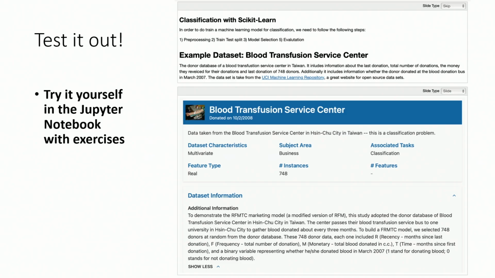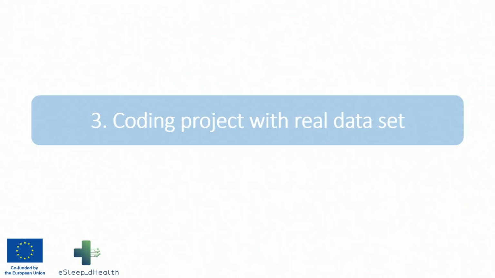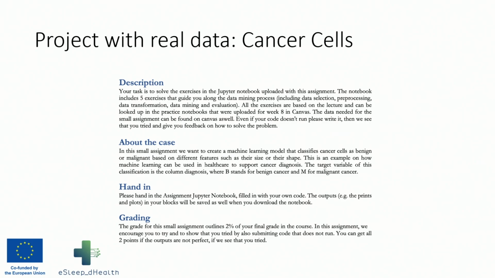And now, to wrap up the session, we will look at a coding project with real data. So when you are done with all of the exercises going through the Jupyter notebooks, there will be a project with a different type of data, and it will be cancer cells.